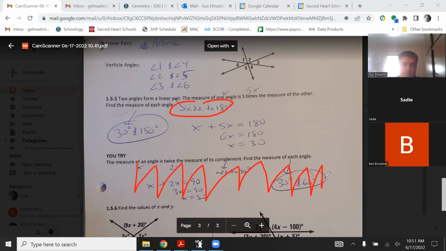It's twice the measure of its complement. Complement is within the 90. If this is x, that's 2 times 90 minus x, because the complement is 90 minus x. So x plus 2 times 90 minus x.